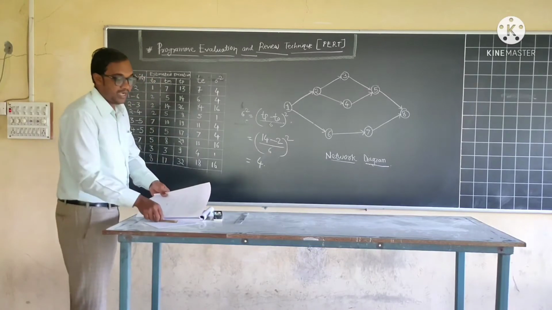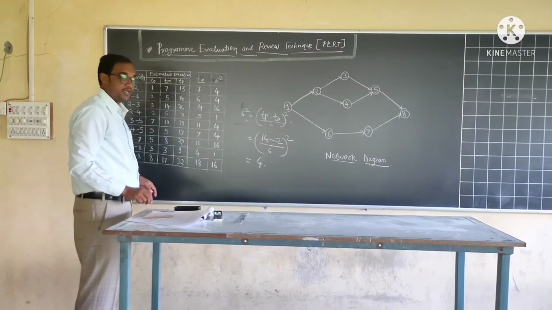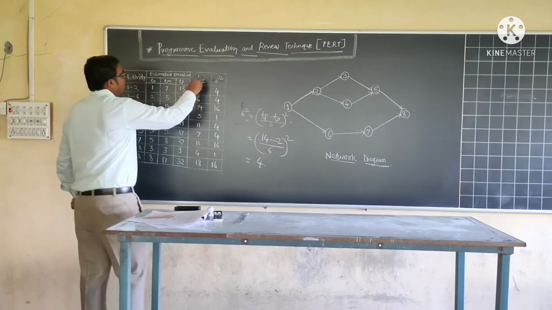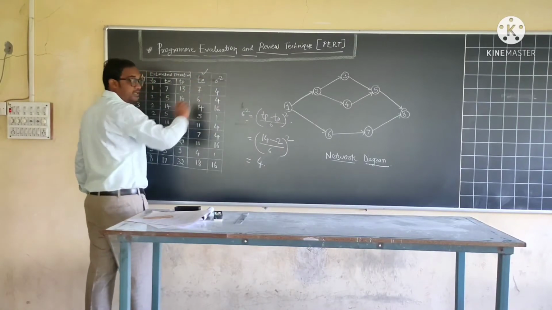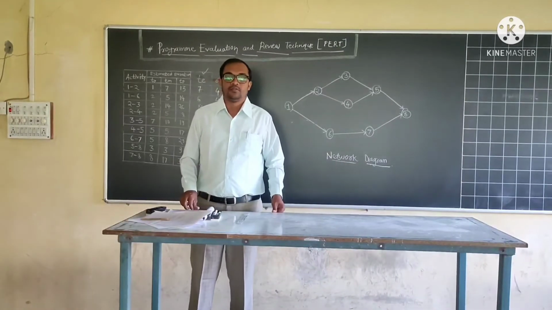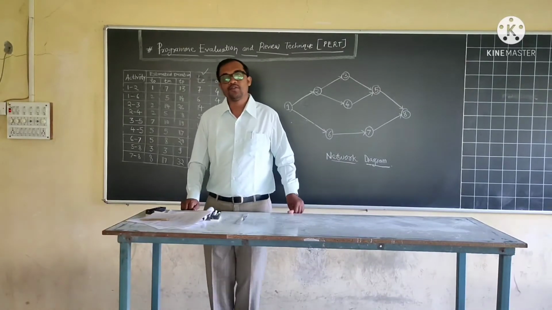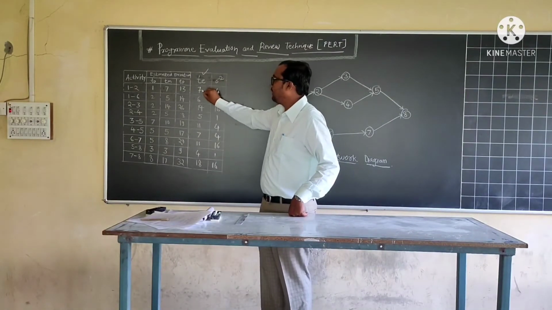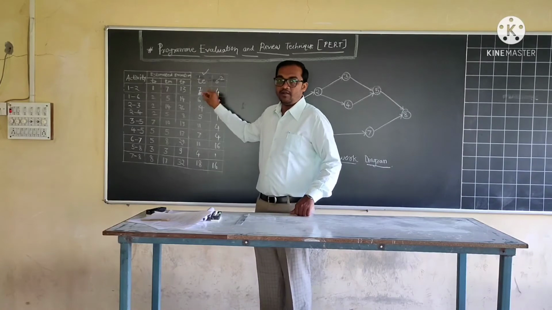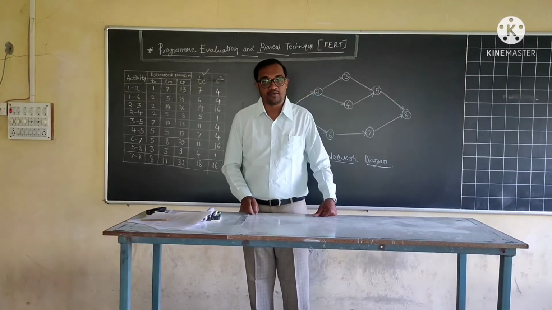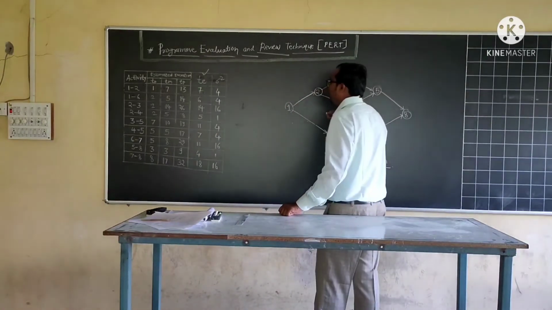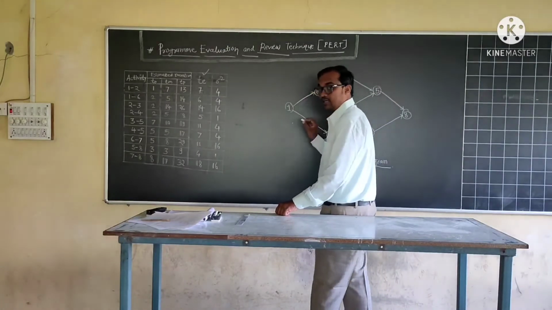To calculate the project duration, you need to consider the TE values for this network. Now we will use the values of expected time, TE values, for the calculation of project duration. So in this network diagram, put the values of expected time for the concerned activity.